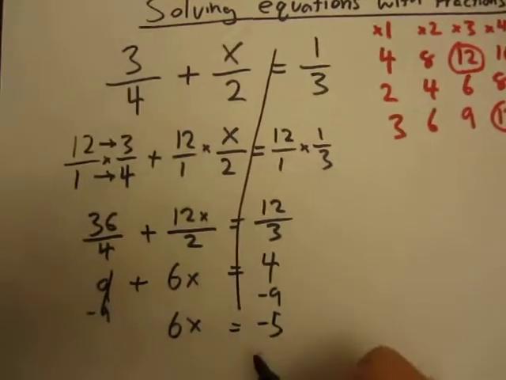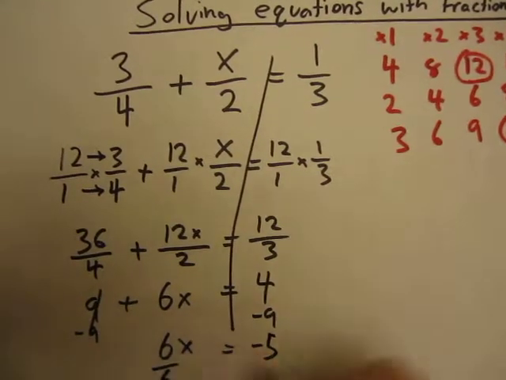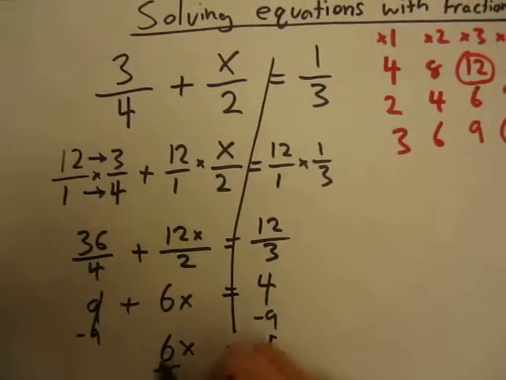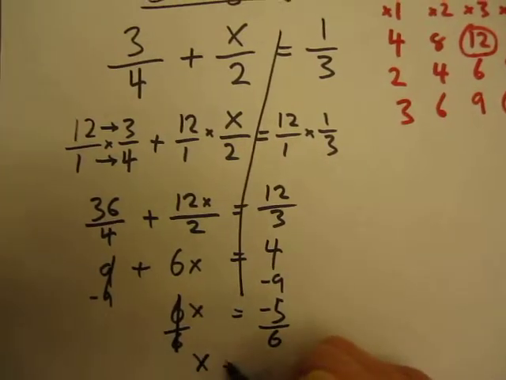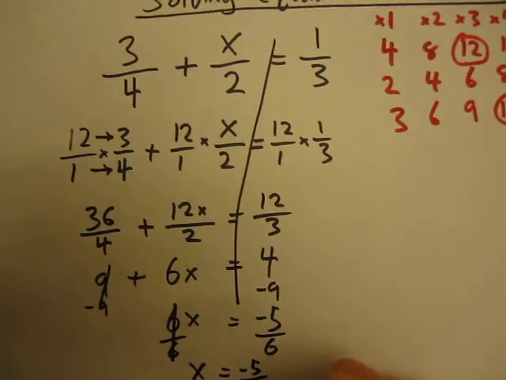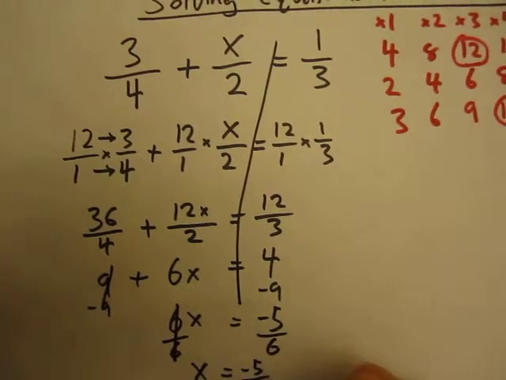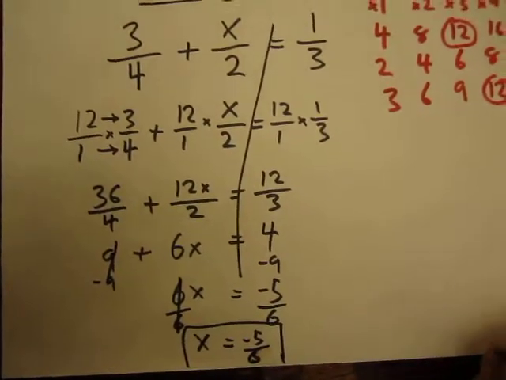And this is going to end in a fraction, which is okay. Doesn't mean you've done anything wrong. We still have to divide both sides by 6. 6 over 6 is 1, so we have x equals -5 over 6. And that is your correct answer.